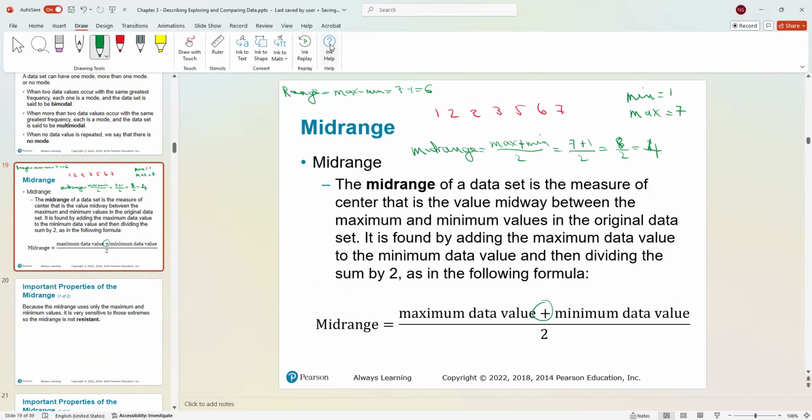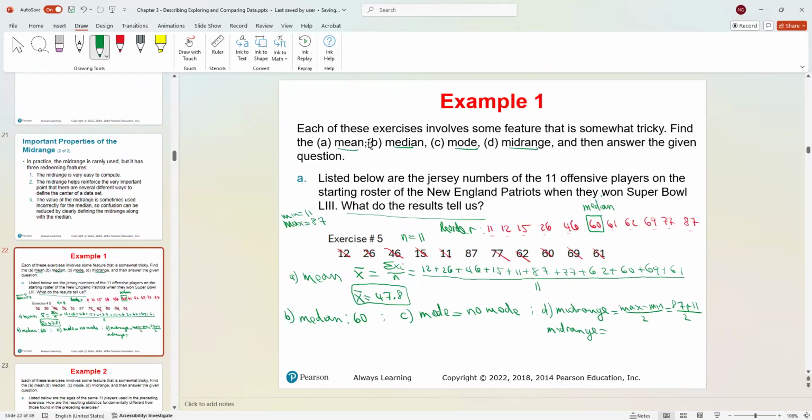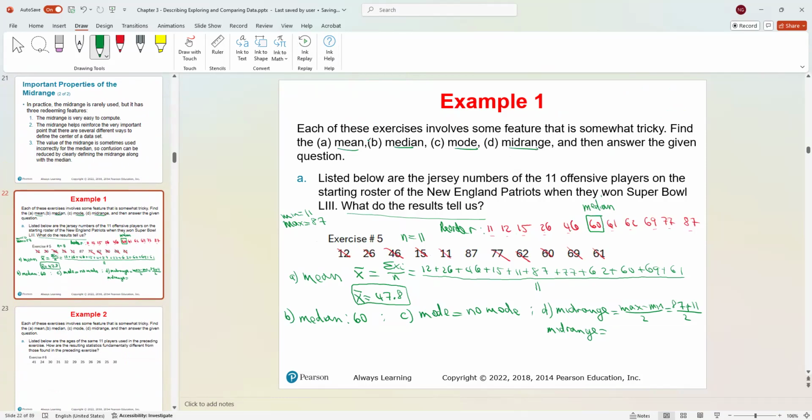So I made that mistake. Apologize for it. So it's going to be 4. So here also in this example, the mid-range would be 87 plus 11. That would be 98 divided by 2. That is 49.